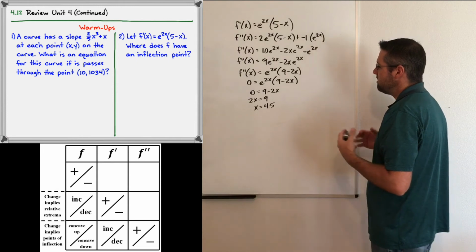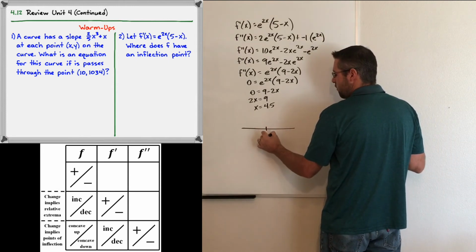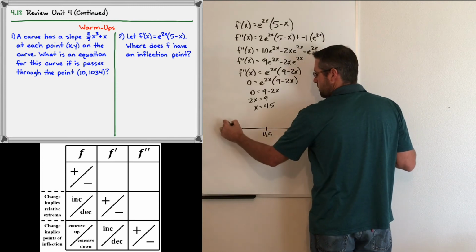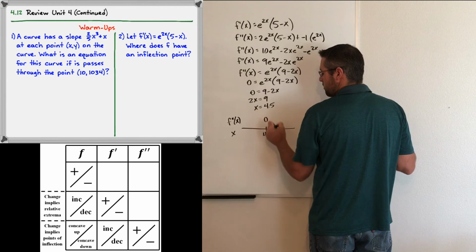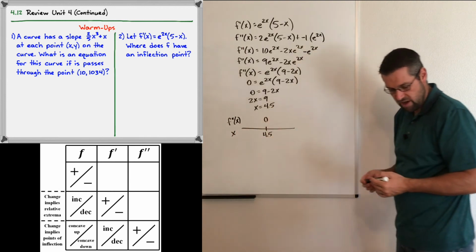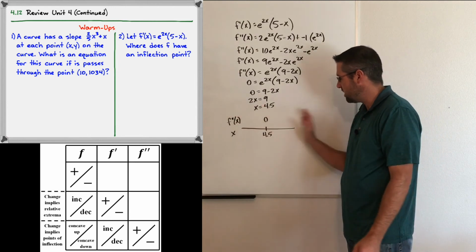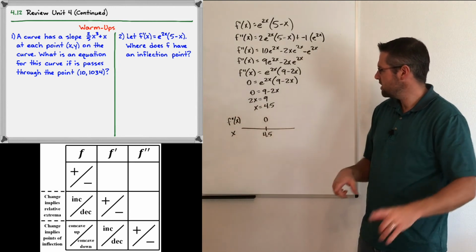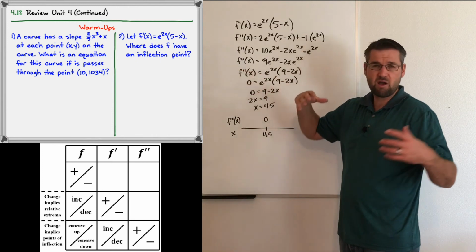Okay. And then from here, we're going to do a number line for our second derivative. So f double prime of x is equal to 0 when x equals 4.5. We have no domain restriction here, so we don't have any endpoints. And then the other thing I forgot to mention, we want to make sure where do we have other points of interest.